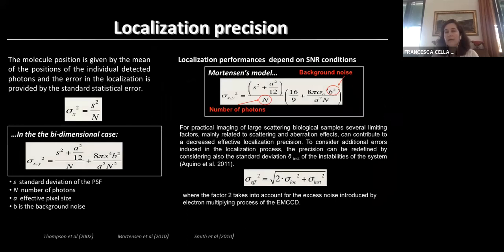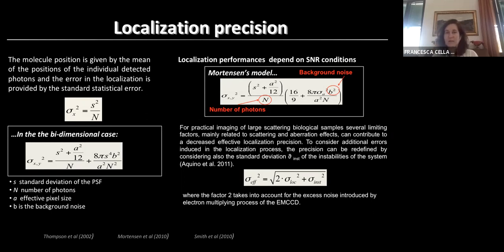So basically, this 28 nanometer of localization precision I mentioned is a theoretical one. It is the localization precision that we can compute considering the experimental parameters.